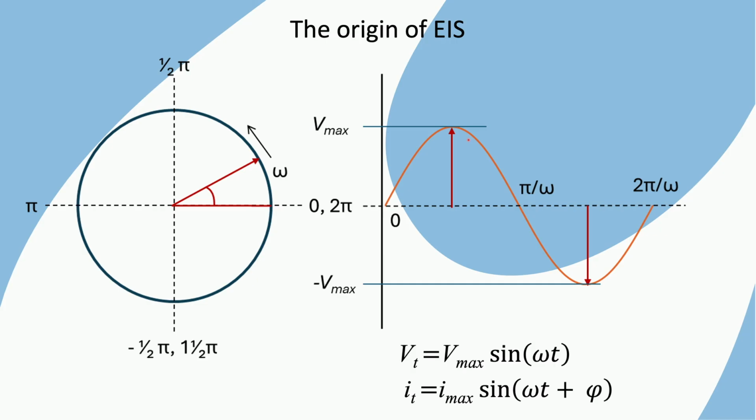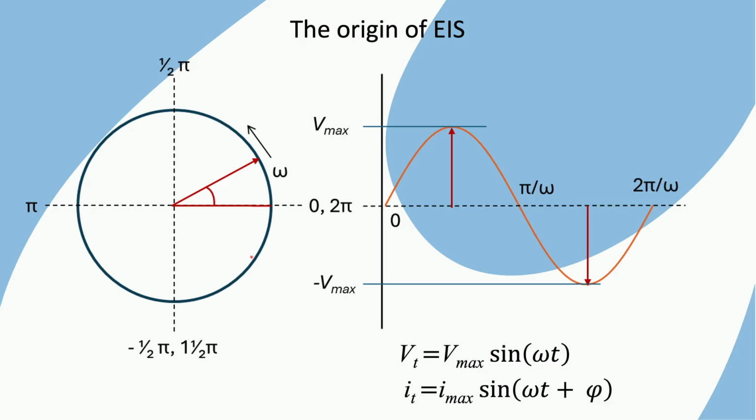The induced current at time t, I(t), in this cell exhibits a phase shift phi, giving I(t) equals Imax times the sine of omega times t plus the phase shift phi.